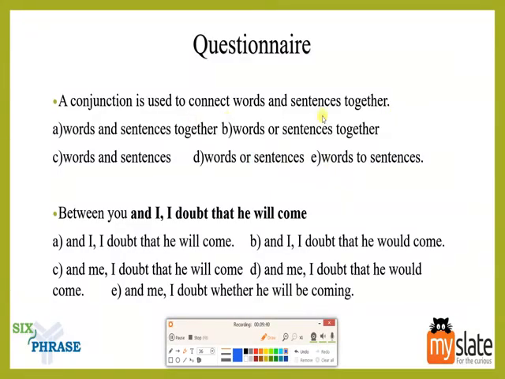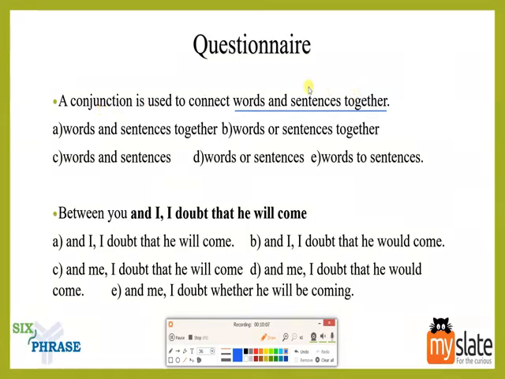Therefore, this is a sentence correction type question. Since they have not highlighted the part, I'll just underline it for you so it will be easier. Words and sentences together. So this is our error part.